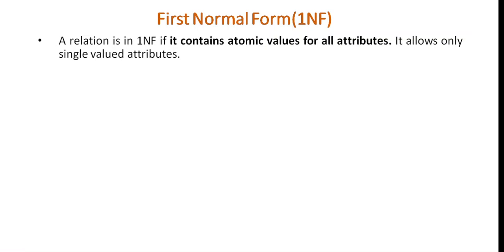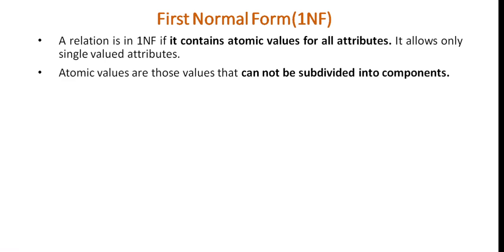So first normal form. We can say that a relation is in first normal form if it contains atomic values for all attributes. That is, first normal form allows only single valued attributes. Atomic attributes are those attributes that cannot be subdivided into components. For example, in a student entity, roll number is an atomic attribute because it has a single value for each row and cannot be subdivided into components.